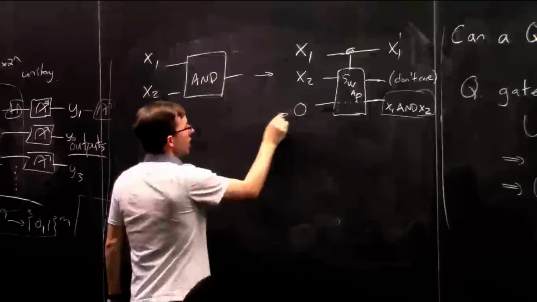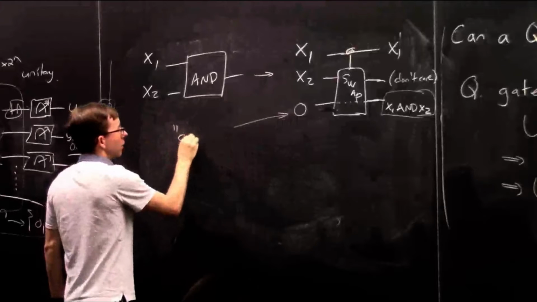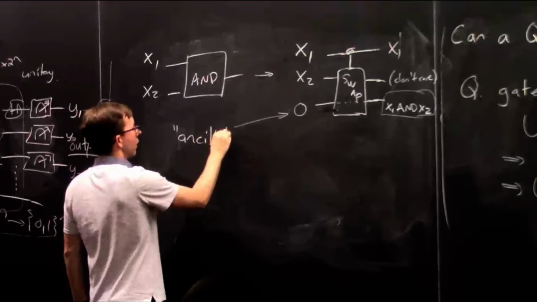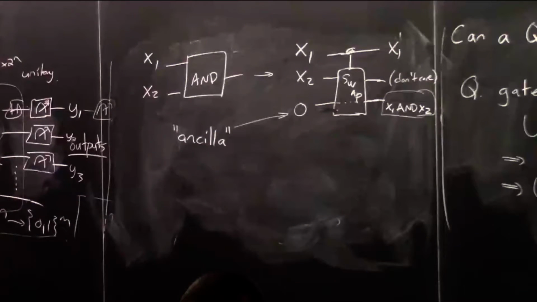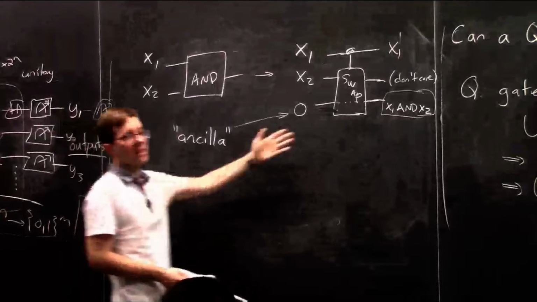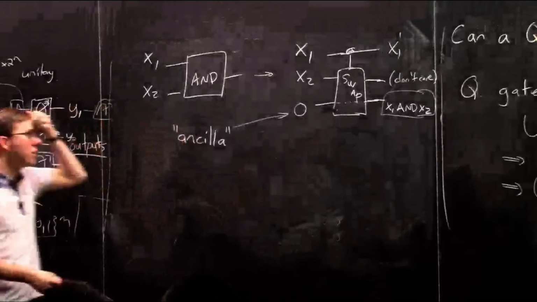So just some terminology. This thing is called an ancilla. We'll get used to this word because it gets said a lot in quantum computing and reversible computing. Basically it just means some bit that you brought in to facilitate your computation. It's not part of the input per se. It's like, I need some catalyst bit to make this thing work. And usually it's set to 0.